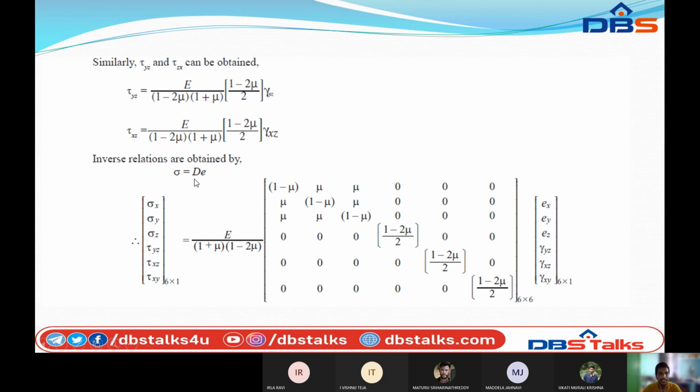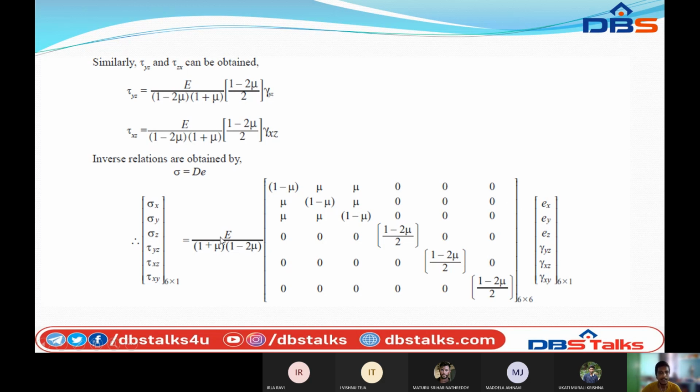The inverse relations are obtained as sigma equal to D matrix times epsilon. We already know that for Hooke's law, stress is directly proportional to strain, sigma equal to E epsilon. In this D matrix, I am writing the stress components on the left side and the strain components on the right side.